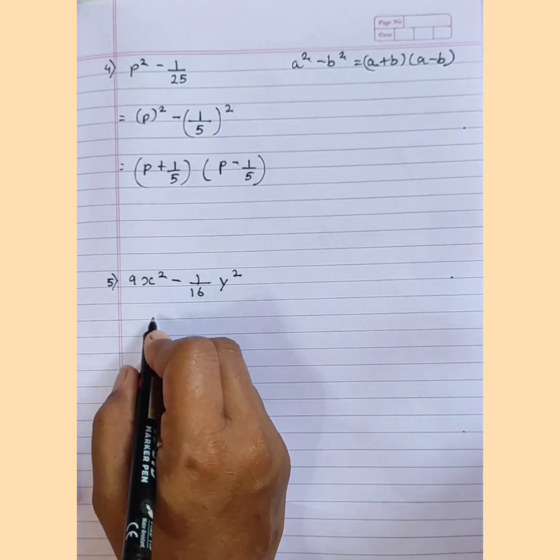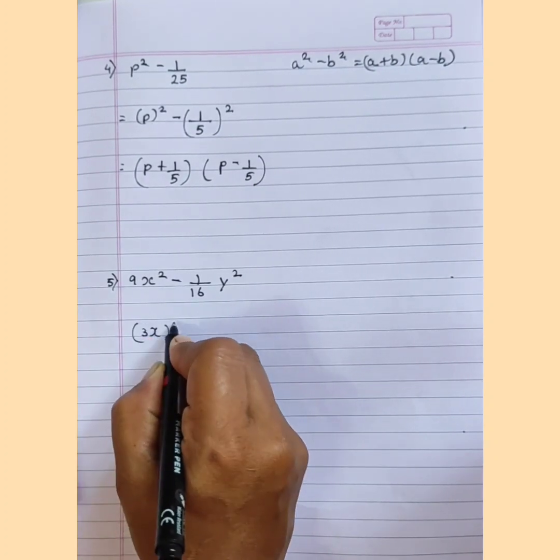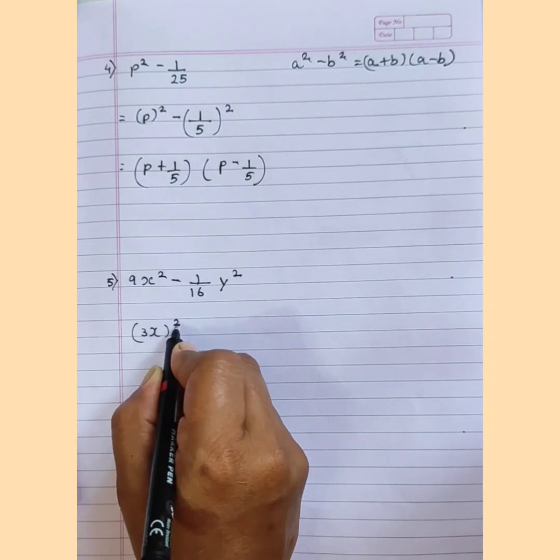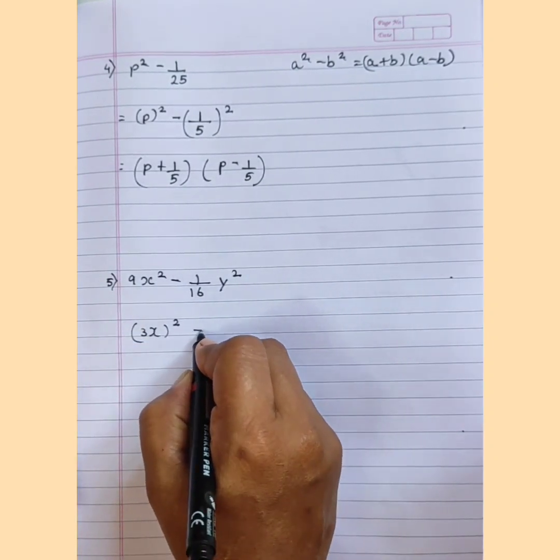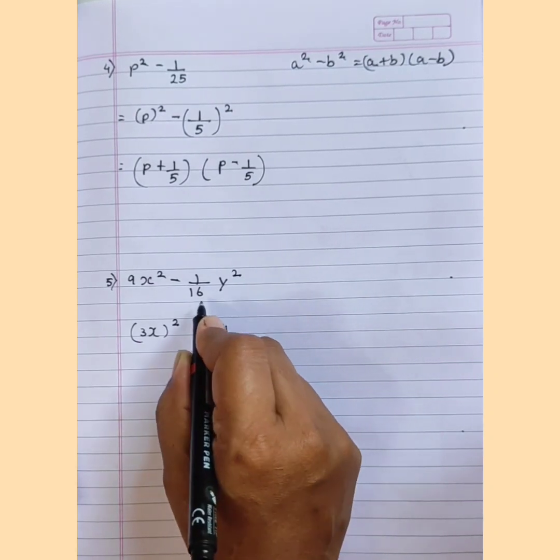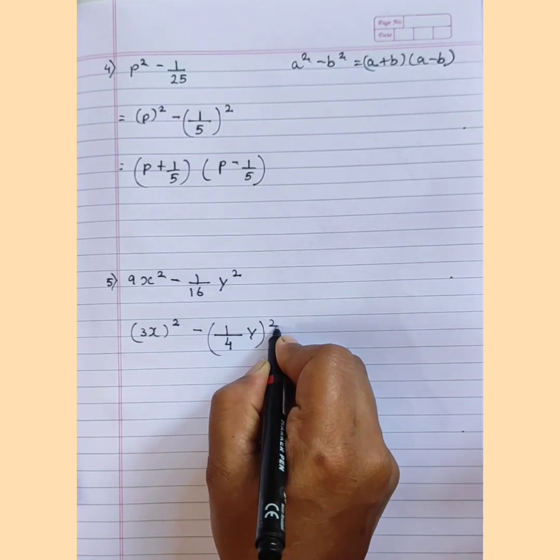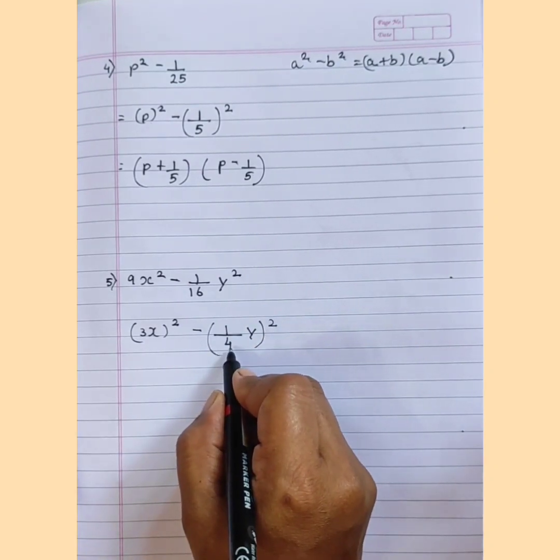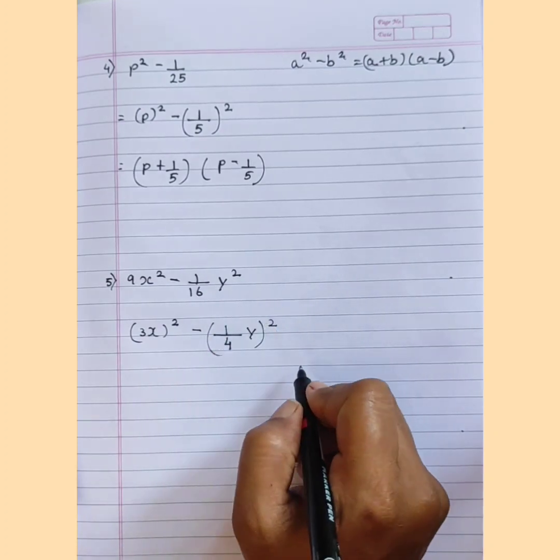We can write 9x square as 3x the whole square. So when you multiply 3 into 3 you get 9, and x into x is x square. Minus 1 upon 16 y square, so we can write it as 1 upon 4y the whole square. When you multiply 4 into 4 you get 16, and y multiplied by y you get y square.